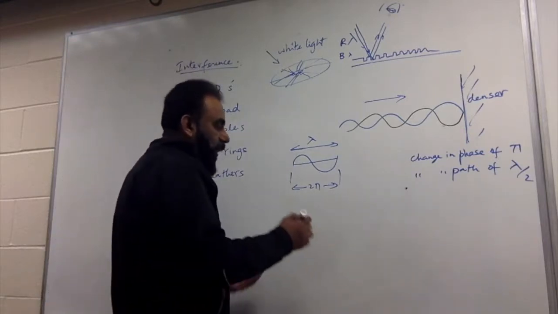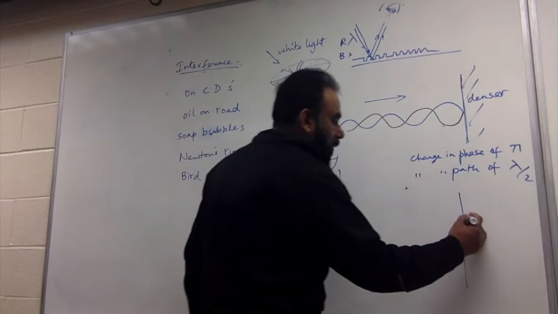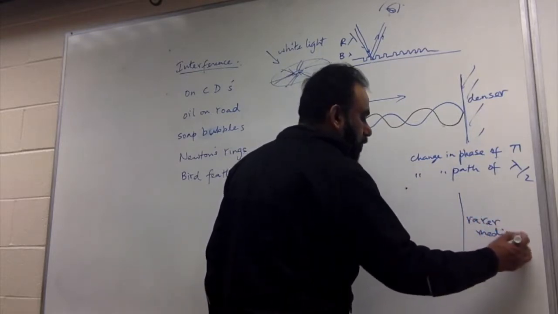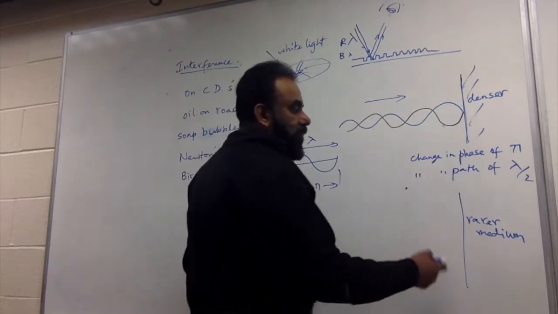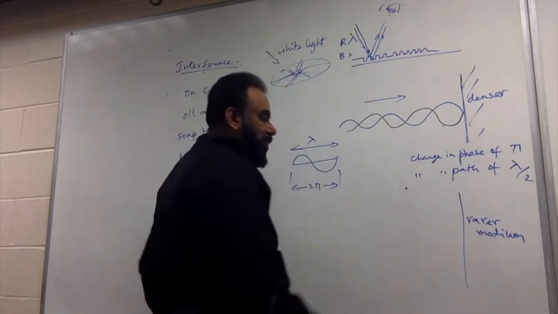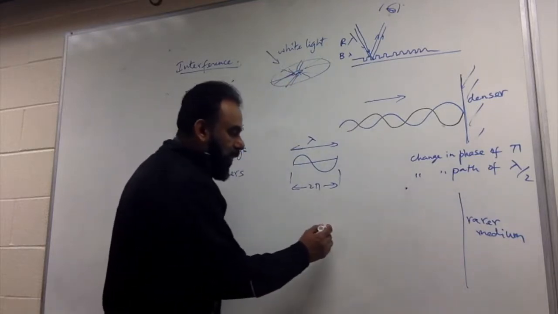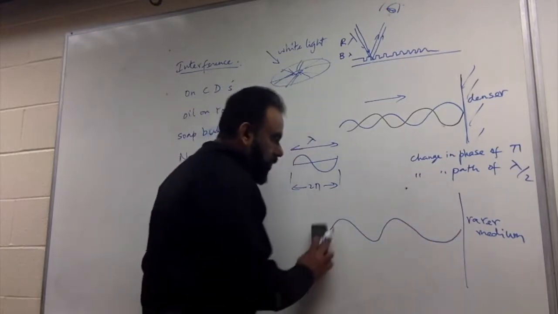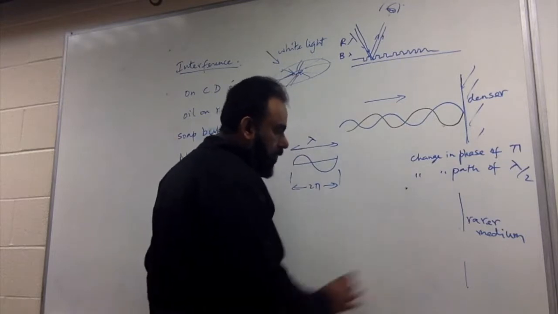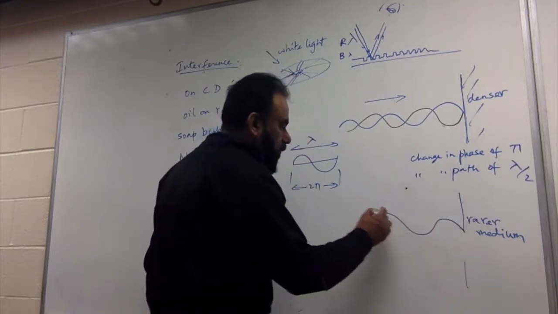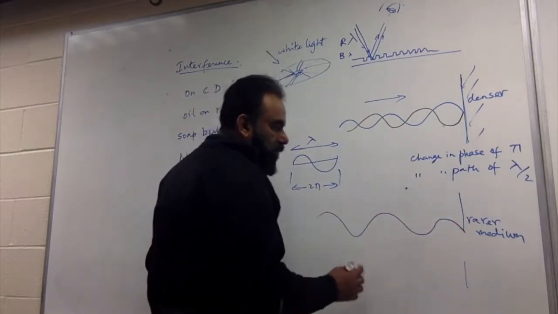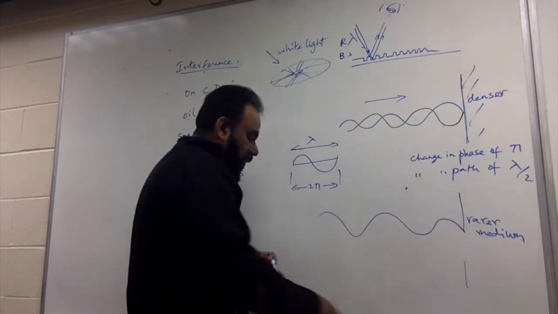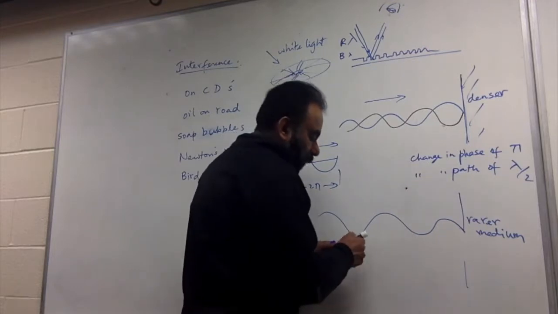Now what happens when the waves hit a rarer medium? That means this side is denser. If it hits a rarer medium, then the waves will not suffer a phase change. So after reflection, it will come back the same way.